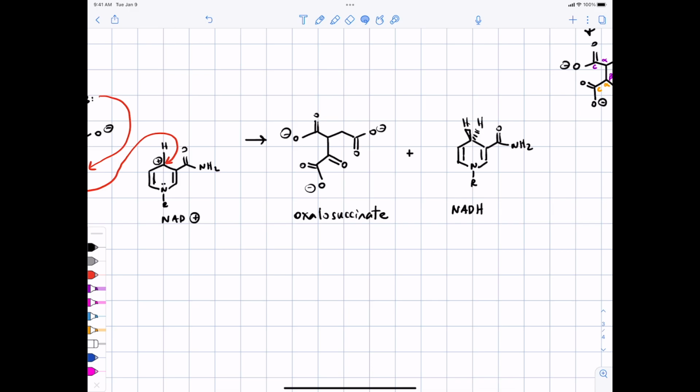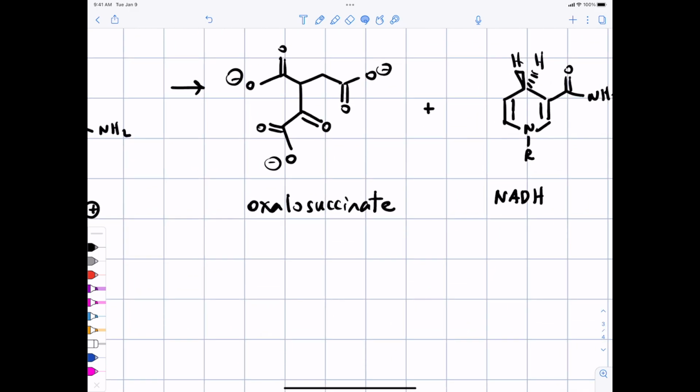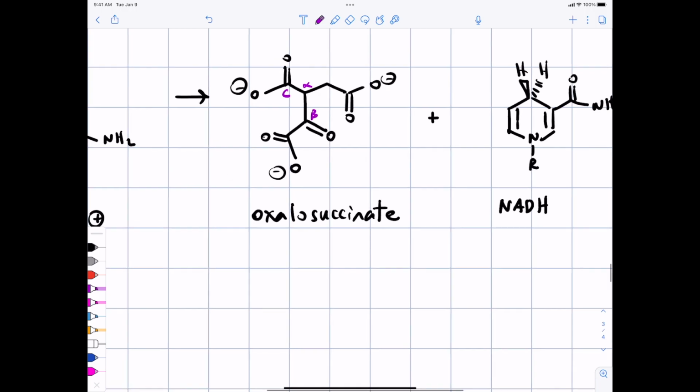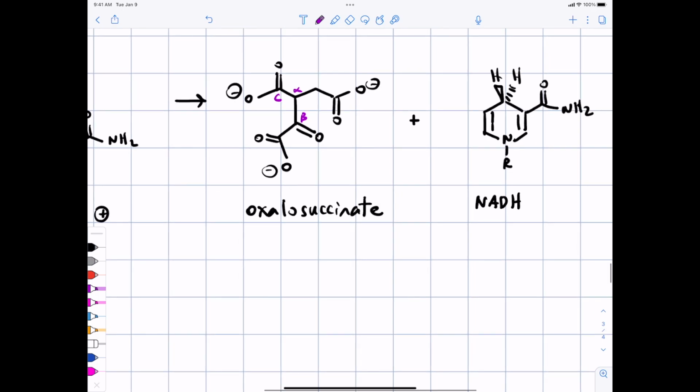Now, the beauty of oxalosuccinate is that it is a beta keto acid relative to the purple carbonyl group. All right. So what's going to happen next is decarboxylation of oxalosuccinate.